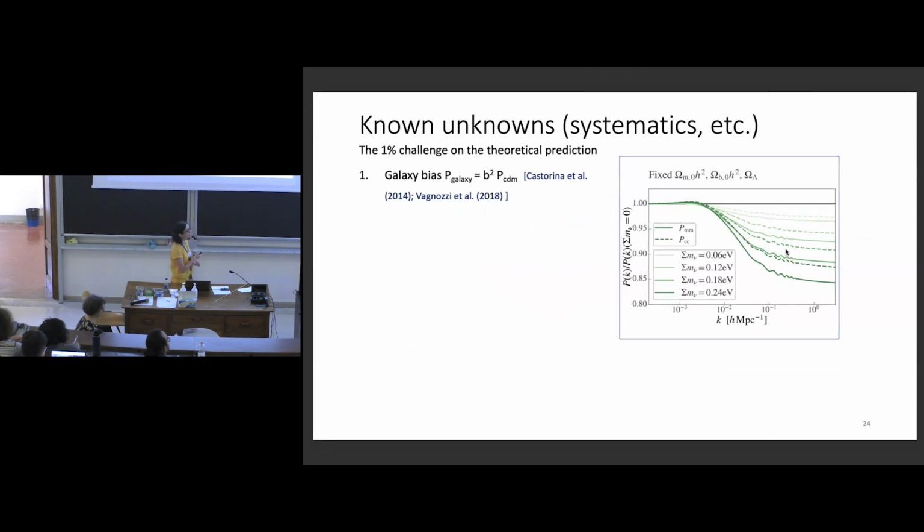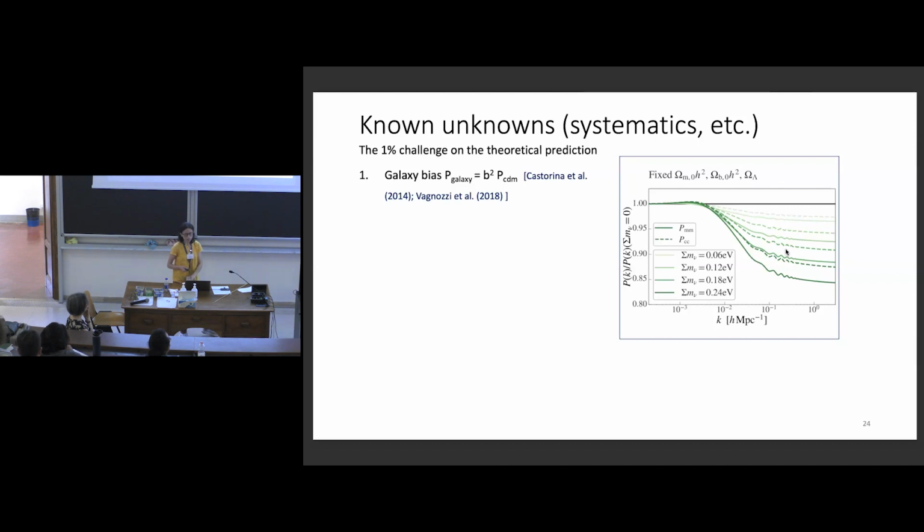First of all, we have the galaxy bias. What we measure with the spectroscopic survey are galaxies. But in order to extract the cosmological parameters, including the neutrino mass, we need to reconstruct the matter power spectrum. And the two quantities are related by this bias factor that is very difficult to model.